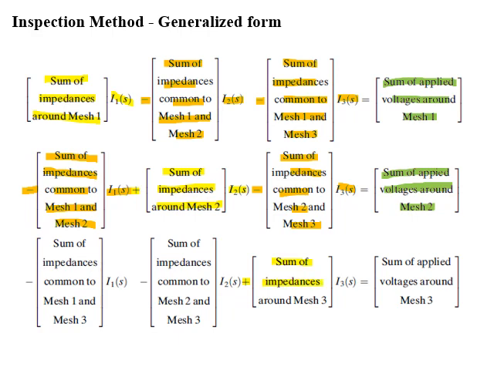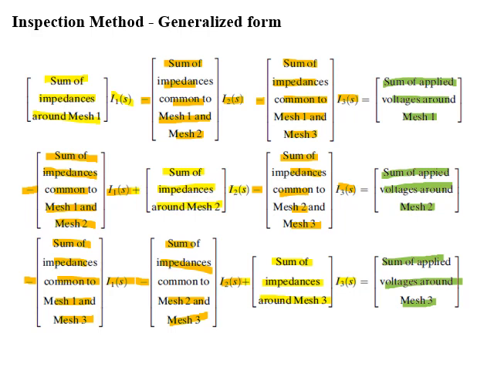Now for mesh 3, the equation will be the sum of all the impedances present at mesh 3 multiplied by the mesh 3 current, which is I3 of s, minus the sum of all the impedances common between mesh 2 and mesh 3 multiplied by the second mesh current, which is I2 of s, and minus the sum of all the impedances common to mesh 1 and mesh 3 multiplied by the first mesh current, which is I1 of s.